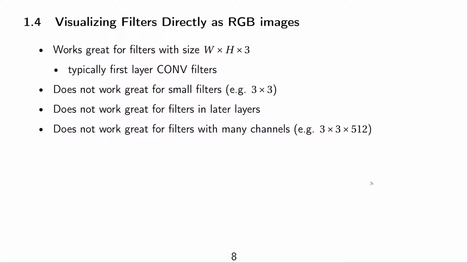This does not work great for small filters that have a kernel size of maybe 3 times 3, because then they're so small. And it does not work great for filters in later layers because, for example, there could be many channels. So let's say there would be a filter of size 3 times 3 times 512. Then you cannot easily visualize that as an RGB image.